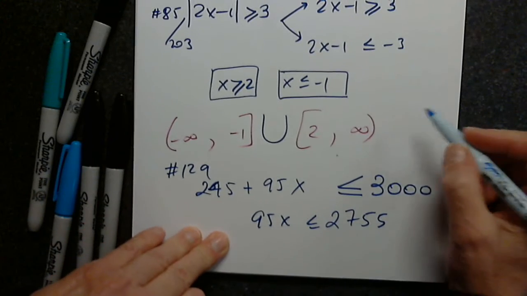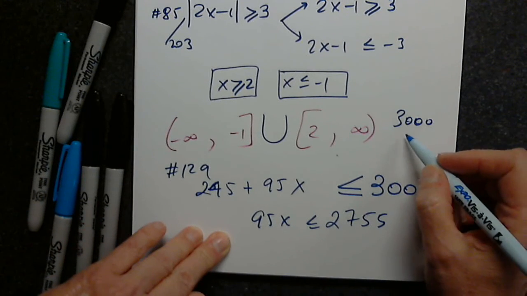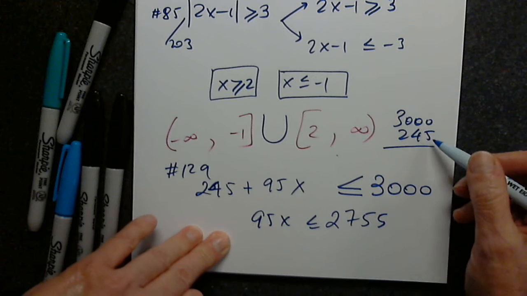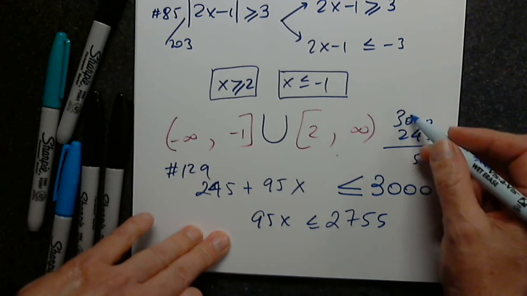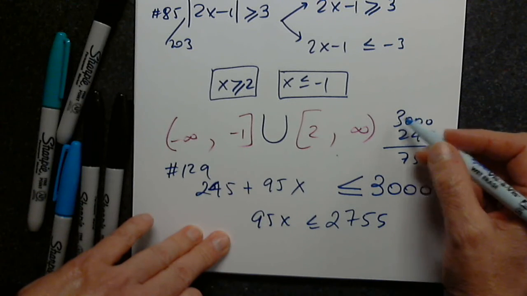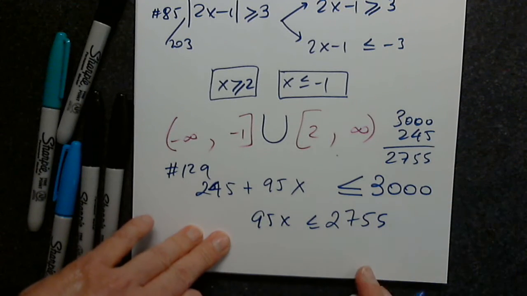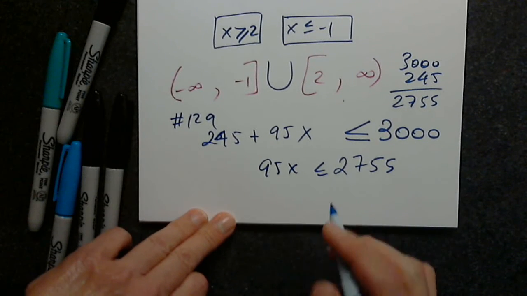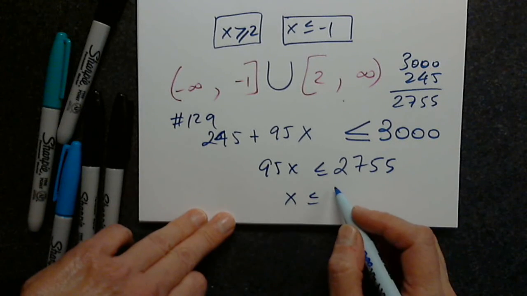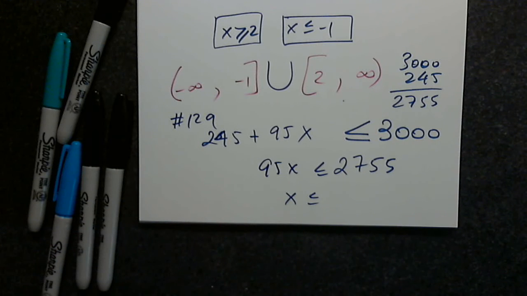I borrowed the 1, so I just didn't write it. Sorry. So then x less than or equal to 2755 over 95, and that I will do with a graphing calculator not to waste your time.